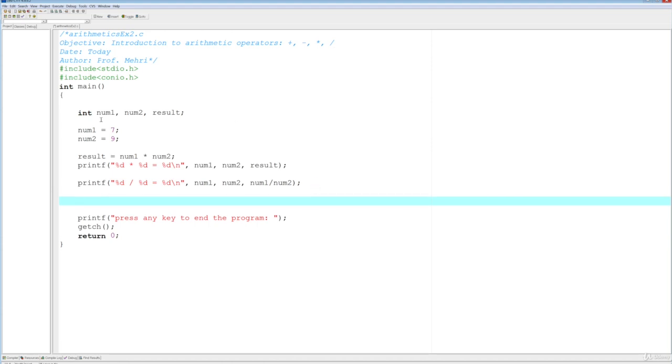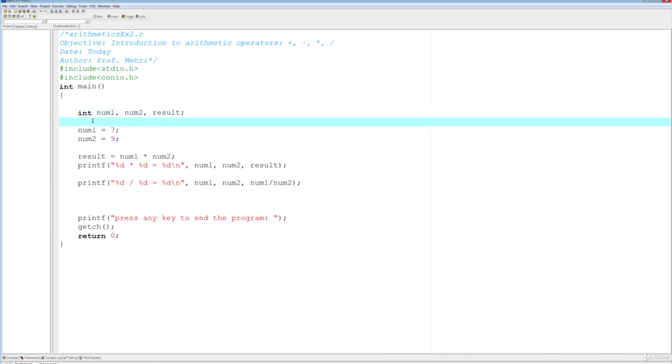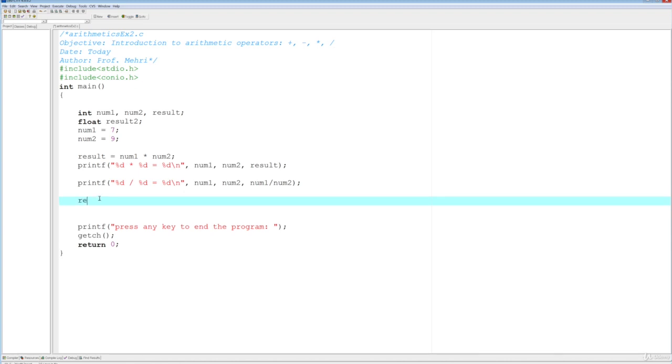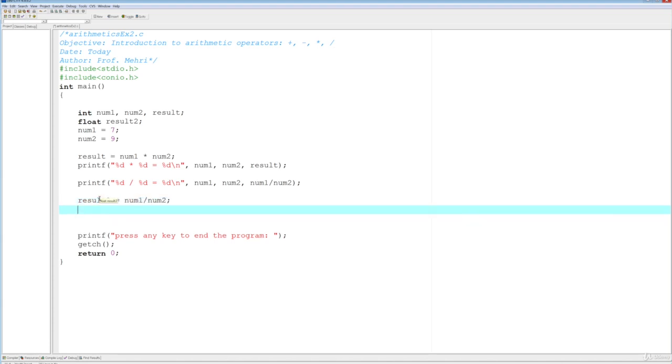So let's say I do this. Float result2, right? So we have two results, and let's redo the division again. So let's go ahead and do result2. Now remember, now result2 is a float, right? num1 divided by num2. So same division.